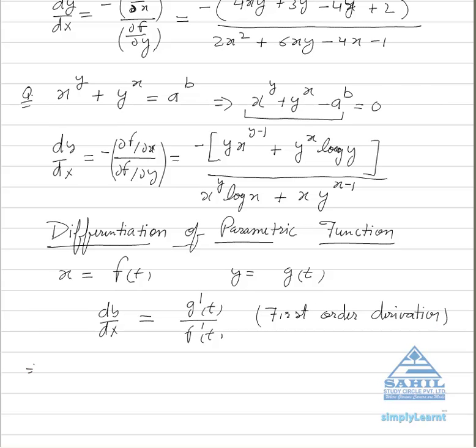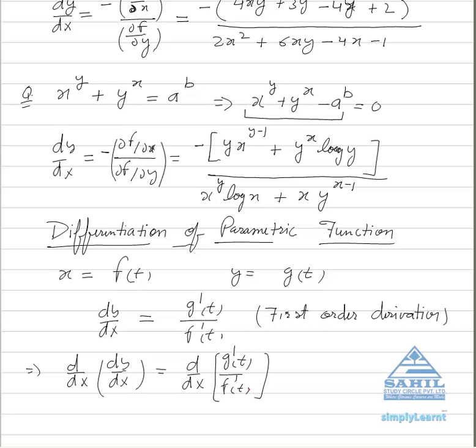What is that process? Now say this, I'm again differentiating this with respect to x, so it is d/dx of dy/dx equals d/dx of g dash t upon f dash t.